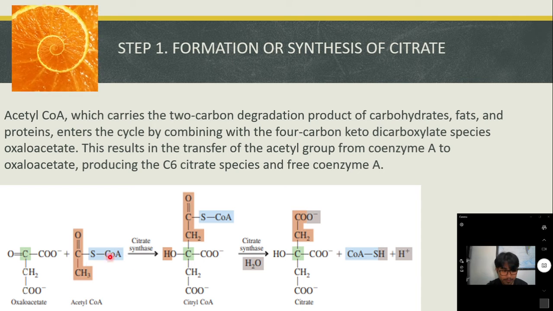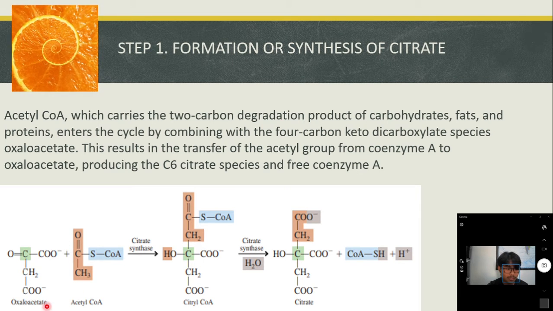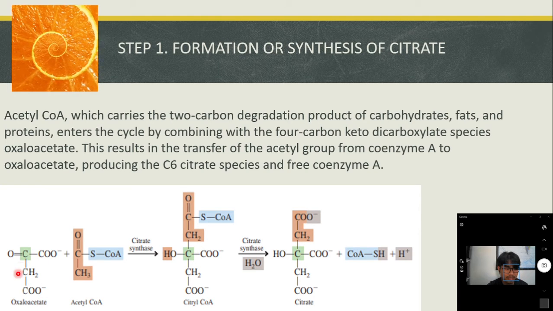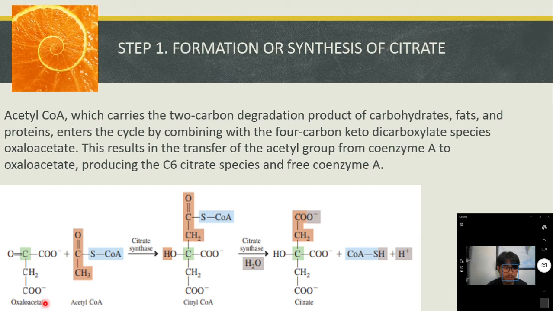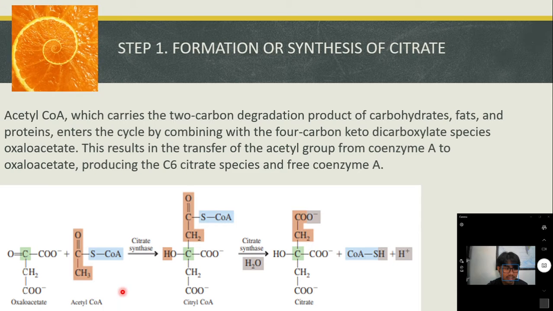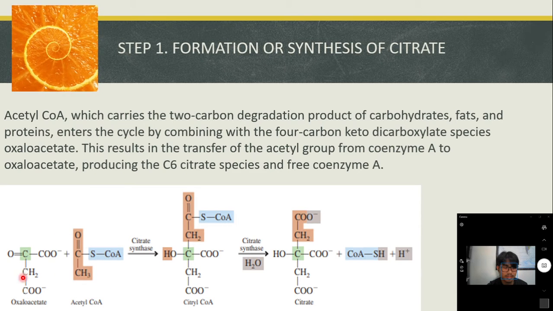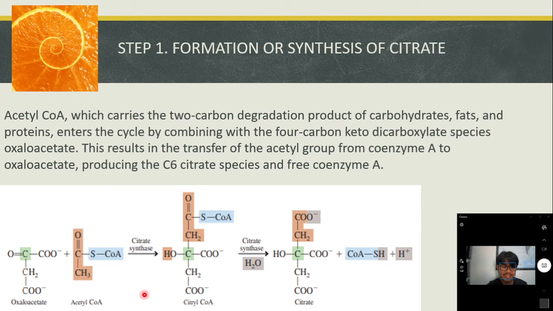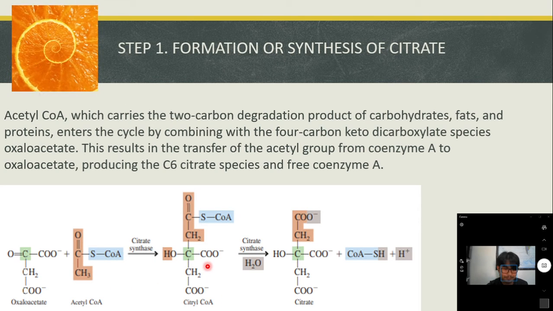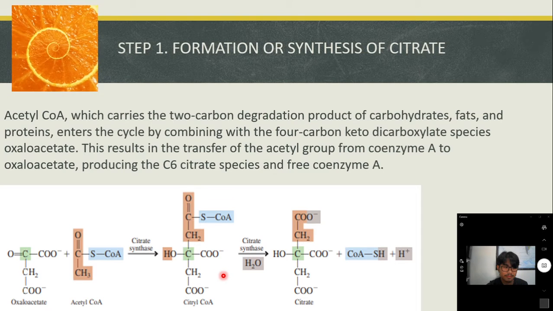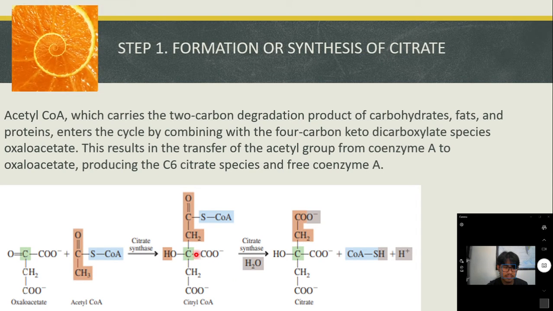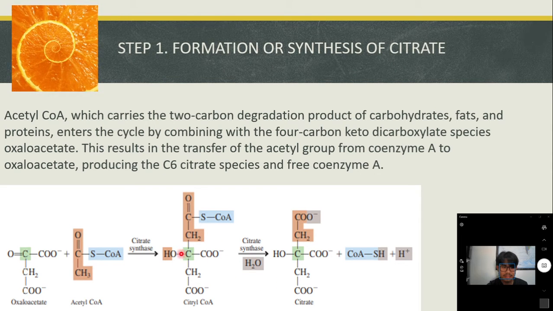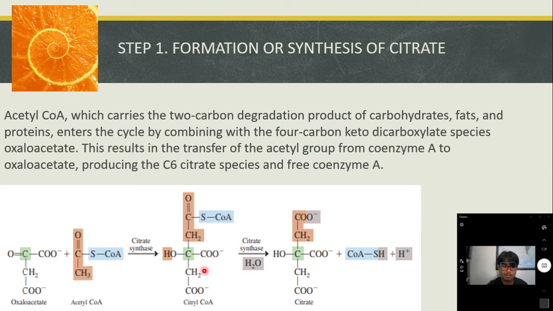Just like I said, if you notice, the oxaloacetate is a 4-carbon compound and the acetyl-CoA has 2 carbons. Because they are combined with the help of citrate synthase, it results in a 6-carbon compound.